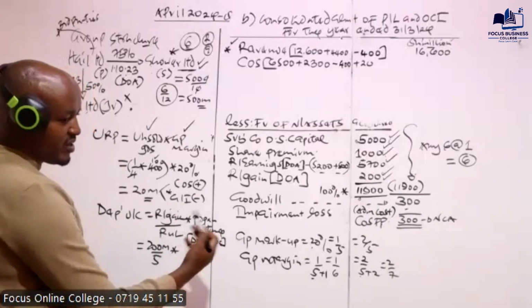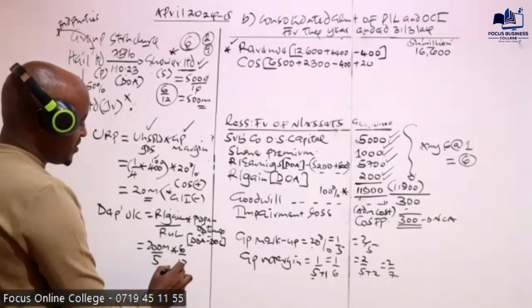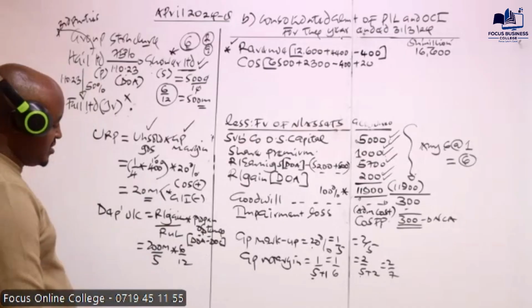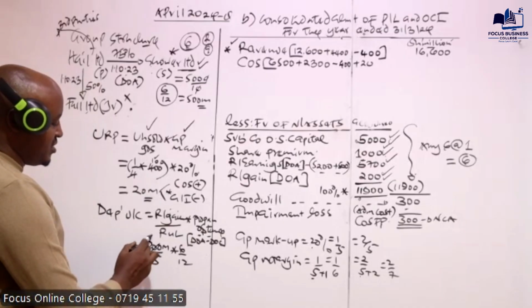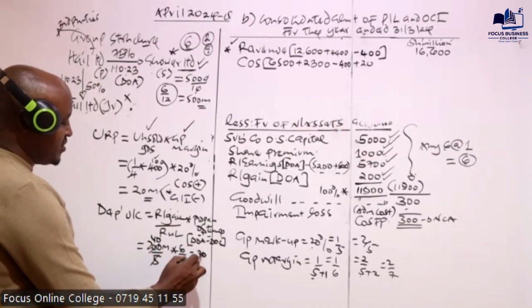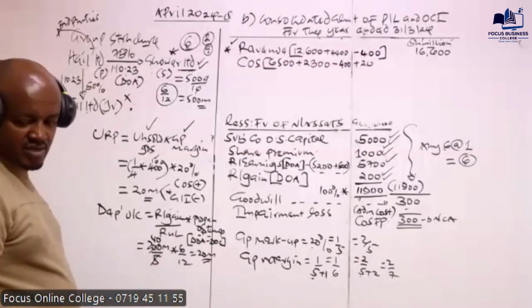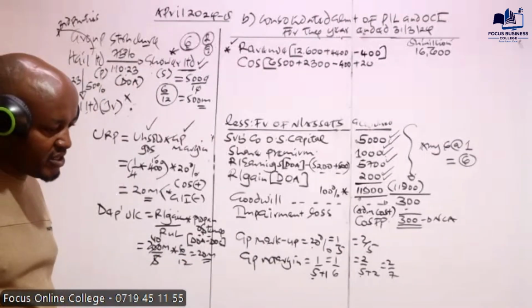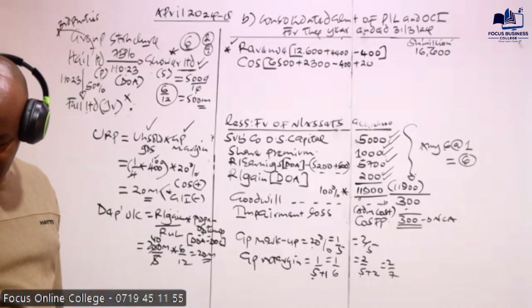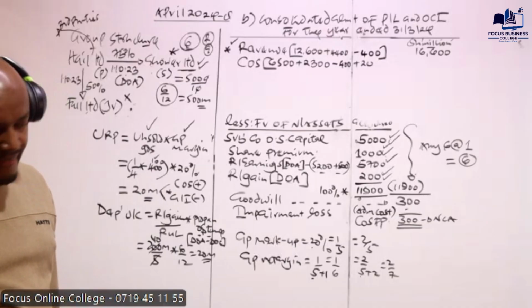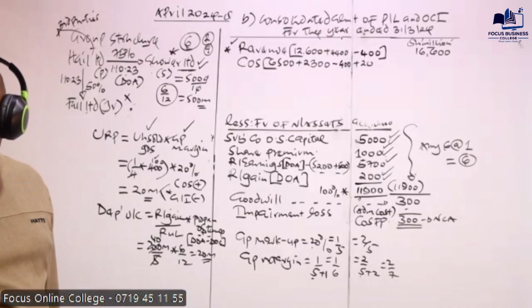Between these 2 dates, we have 6 months, so we are interested in the depreciation other charge for 6 months. And this one will give us what? Are you getting 20 million here? Depreciation other charge, are you getting 20 million?